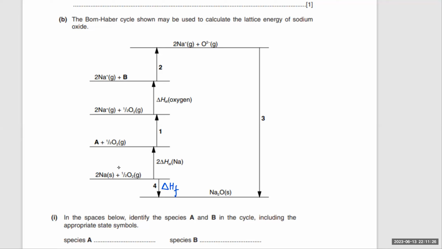Okay. So now they've given you enthalpy of atomization of sodium. So what happens in atomization? In atomization, 1 mole of an element turns into 1 mole of gaseous atoms, right? So what is A then? They're atomizing sodium. So what is A?